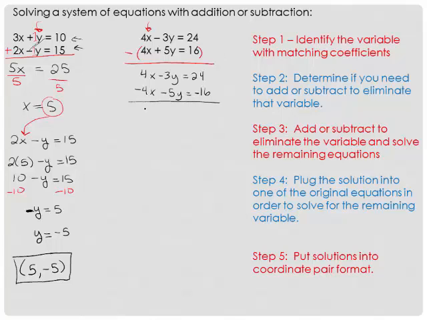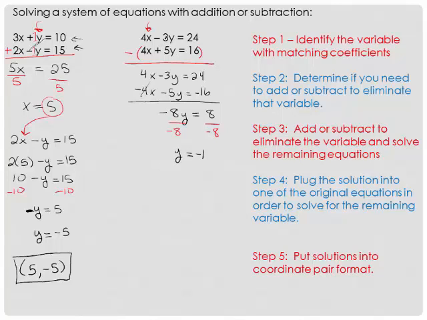So I have 4x minus 4x, that leaves me no x's. Negative 3 and negative 5 is negative 8. And then 24 minus 16 is 8. Divide both sides by negative 8, and I have that y is equal to negative 1.